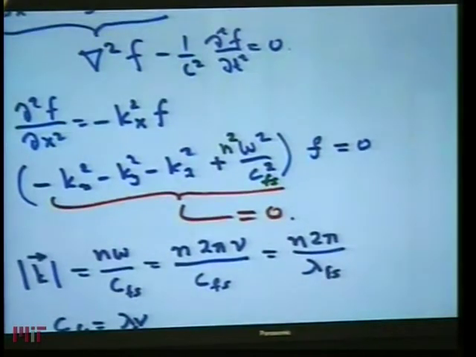Of course, I don't say anything about free space for nu because nu is the same everywhere, whether it is free space or not. Okay, so that's where this equation comes from. That's why the radius of the k-sphere equals n omega over the speed of light in vacuum, or 2 pi n over lambda, the wavelength in free space.